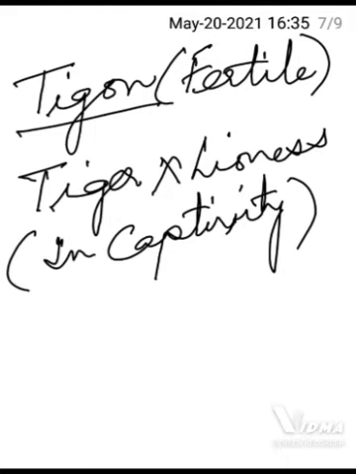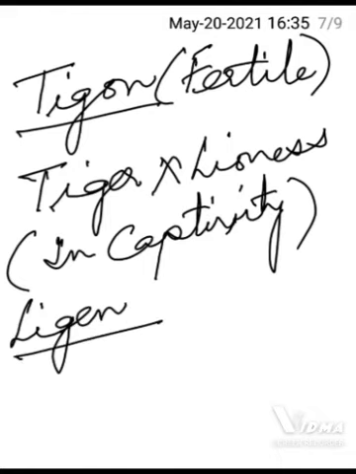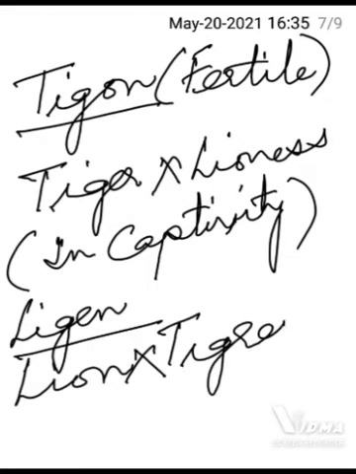There is another example, Ligon. This is formed by crossing of lion with a tigress.